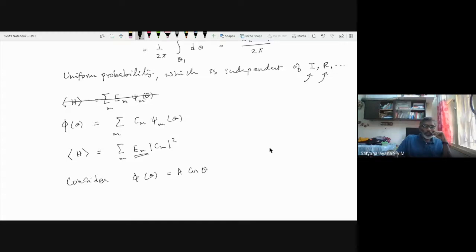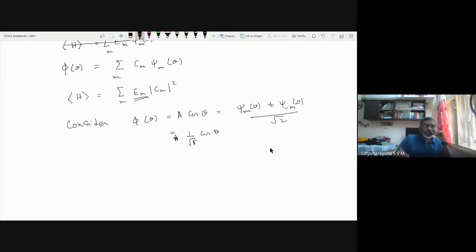Phi of theta is a into cos theta, which is basically equal to psi m of theta plus psi minus m of theta by root 2. If you take something like this, you can find out what a is. A has to be equal to, so root 2 pi, I think it is 1 by root pi into cos theta. So I can figure this out.